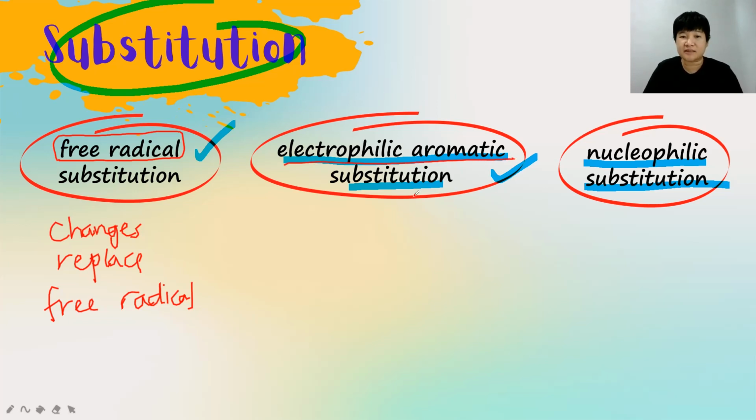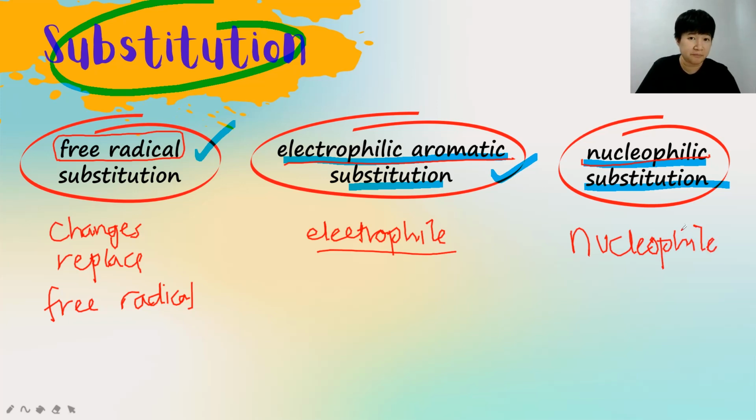Electrophilic aromatic substitution, obviously, an electrophile is used in this substitution, while in nucleophilic substitution, obviously, a nucleophile is used. The name given is for the species making the changes.